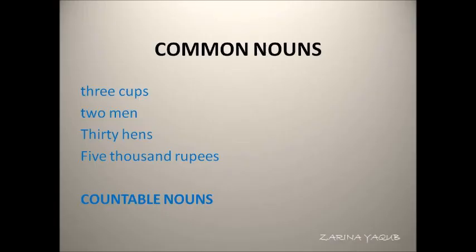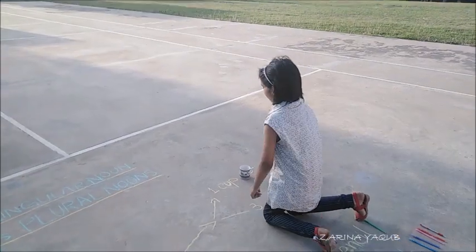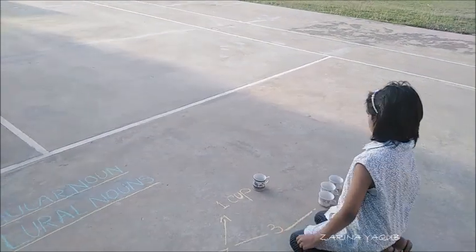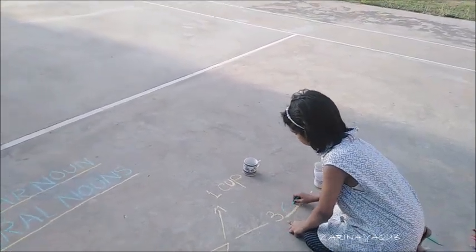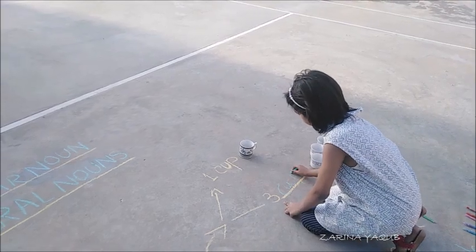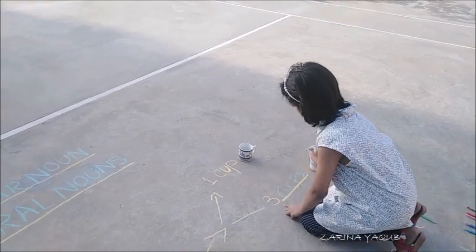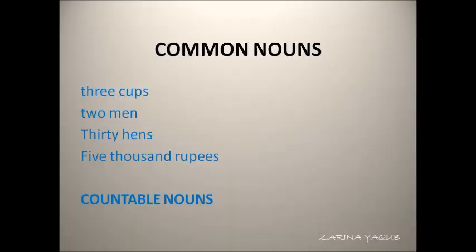In the case of some common nouns, we can clearly mention how many of the same kind of the thing or person we are talking about. For example, 3 cups, 2 men, 30 sheep, 5,000 rupees. Such nouns are called countable nouns.